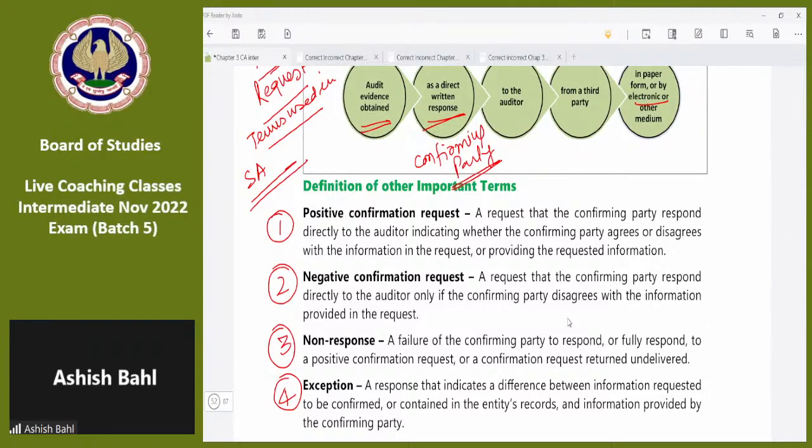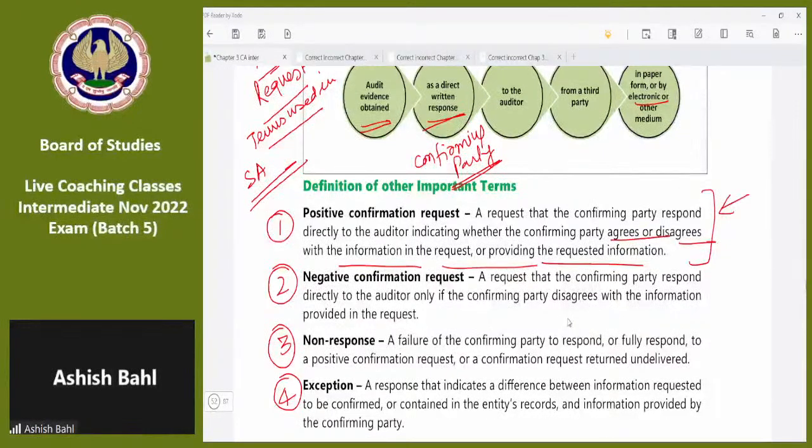So what is positive confirmation request? Say guys, I, as an auditor of a company, send an external confirmation request to a third party for confirming account balances of say Mr. X. If the confirming party agrees or disagrees with the information or provides the information, then it is a positive confirmation request.